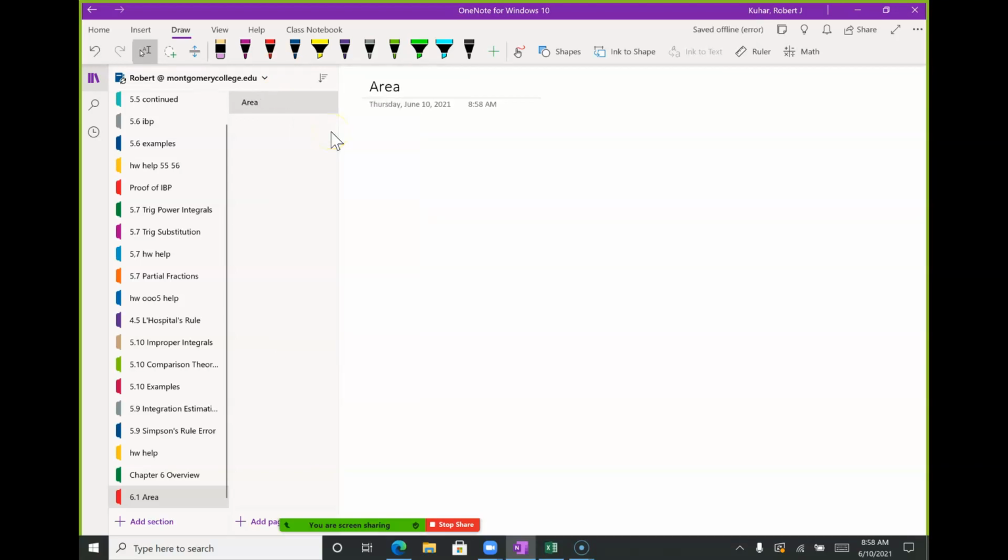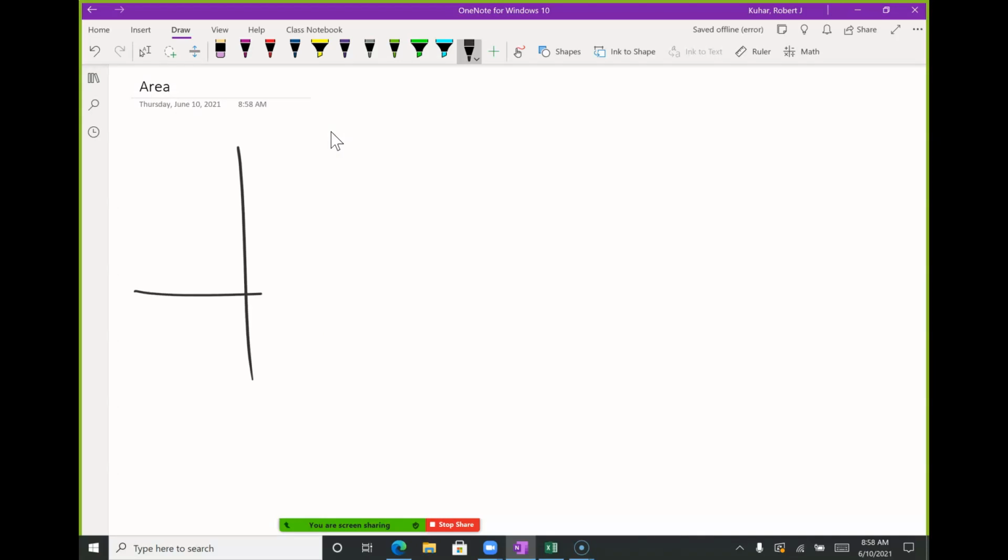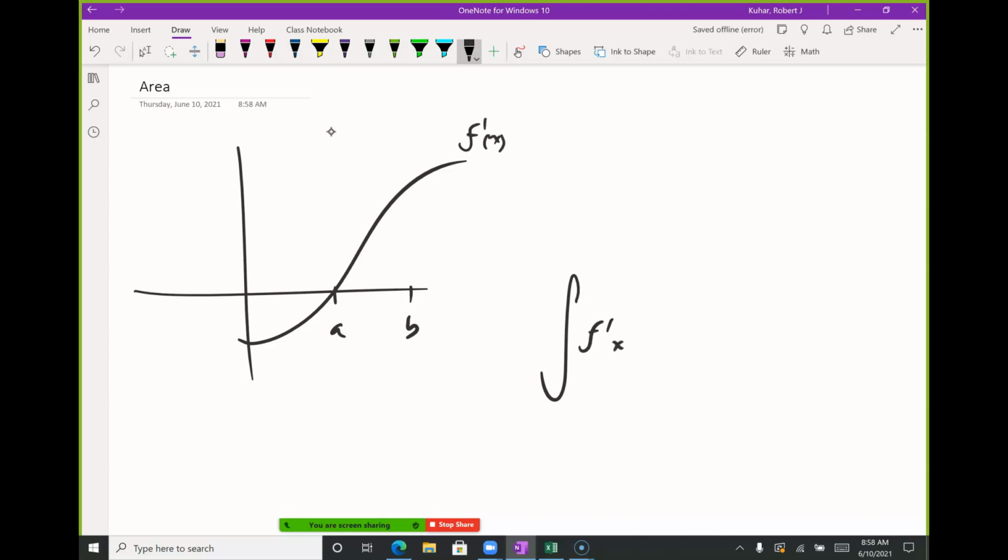So we already know from Calc 1, right, that if we're doing the integral from a to b of f prime of x, we get f of b minus f of a, which gives us the area under the curve.